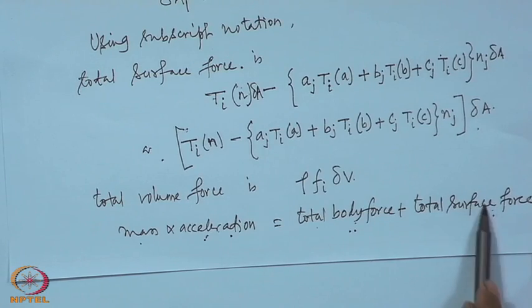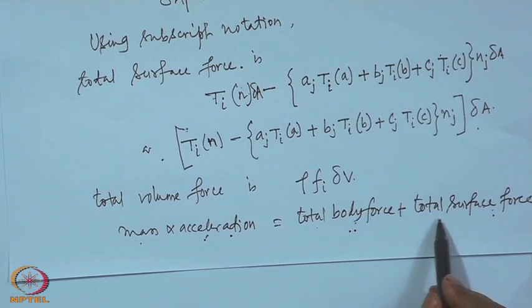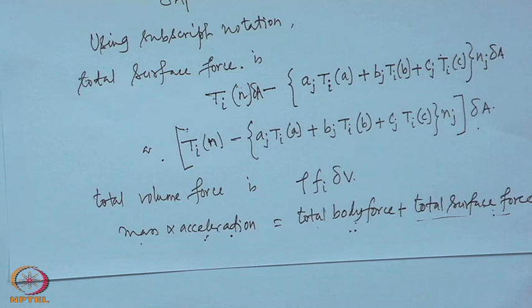That is possible only if this total surface force is entirely 0. Otherwise, this will not be balanced by these two, because these are much smaller than this. It cannot balance. The only possibility is that this has to be 0, only then it can be balanced.